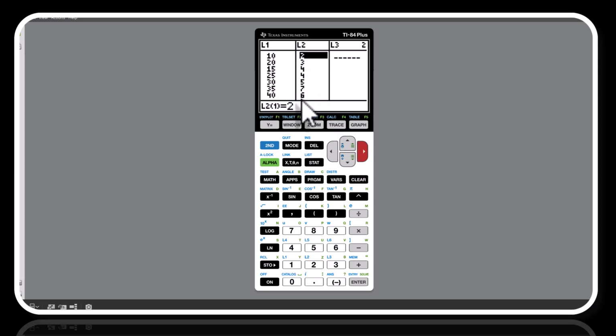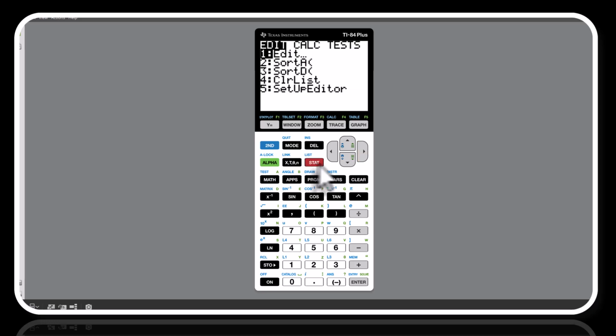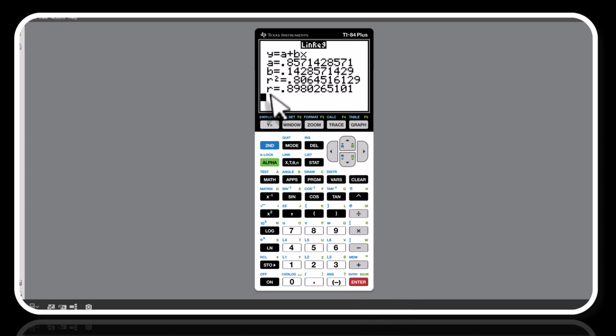Press Stat. Calculate. Go to option 8. Hit Enter. Make sure L1 and L2 are selected. For these 2 other items, there should be nothing there. And then just press Calculate. You'll see R is 0.898.